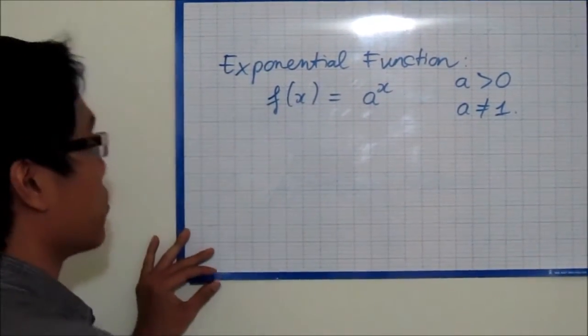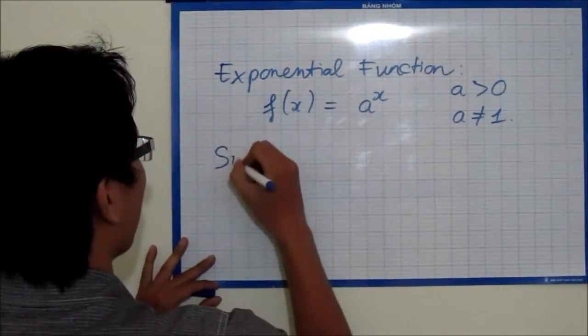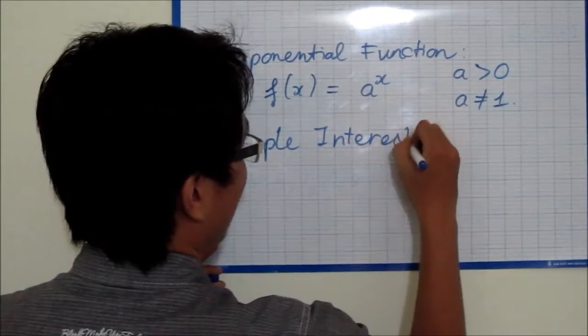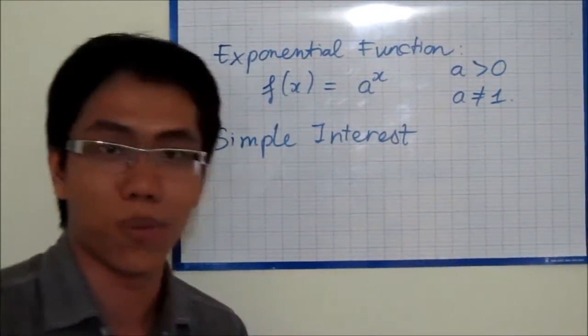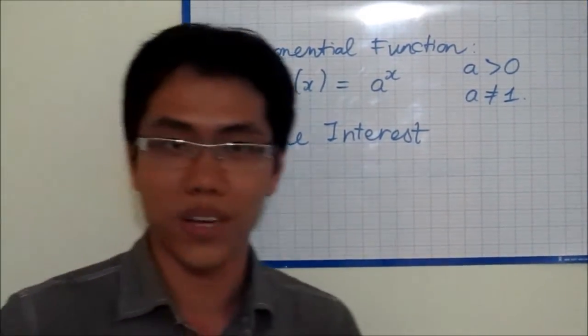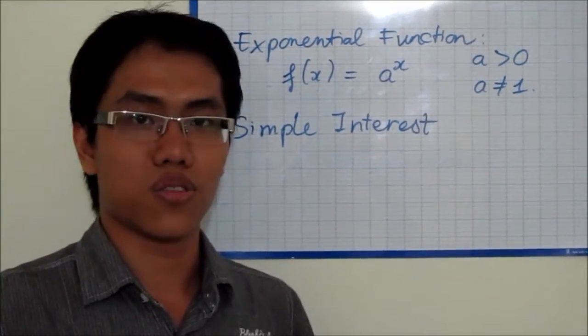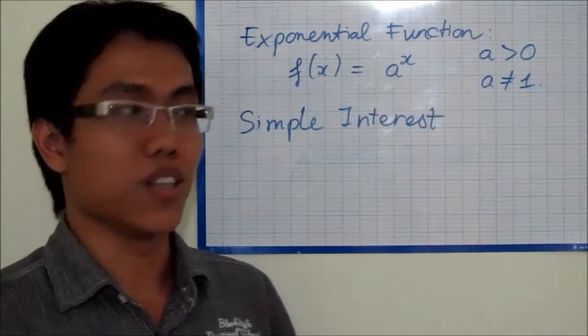We call it the formula to calculate simple interest. The simple interest is the amount of money that you pay to the bank if you make a loan from it, or the amount that you will receive once you save your money in the bank.